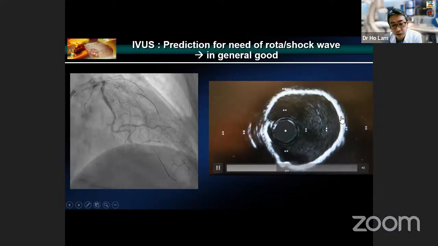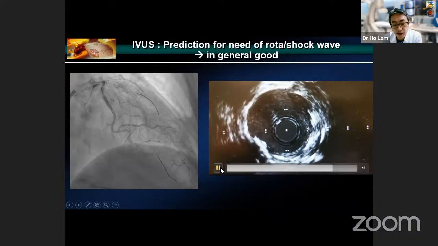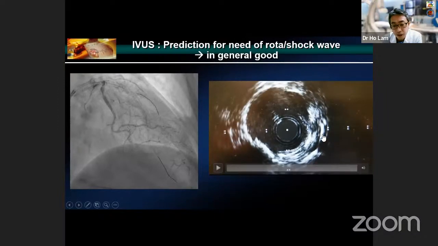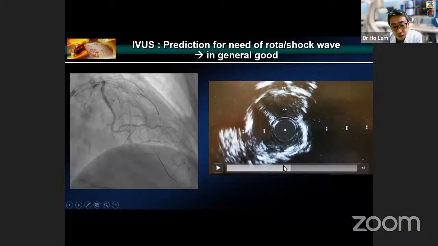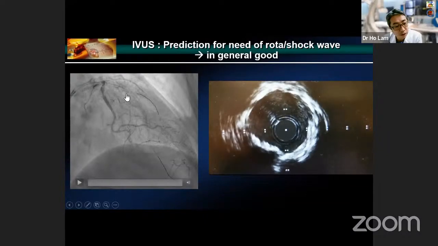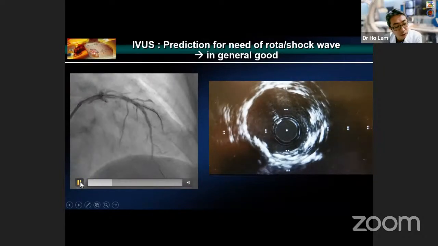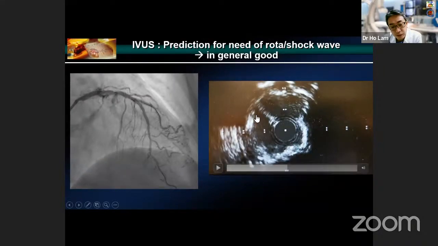So we can see the circumferential calcium. Okay, this is the scatter calcium mentioned by Dr. Chin before. You can see that this scatter calcium is actually the cause of those haziness. We checked IVUS, and here it just shows some scatter calcium.